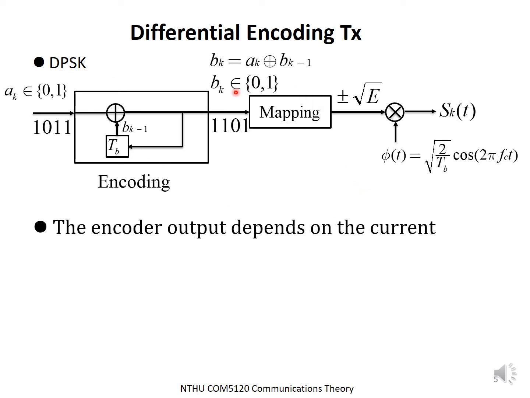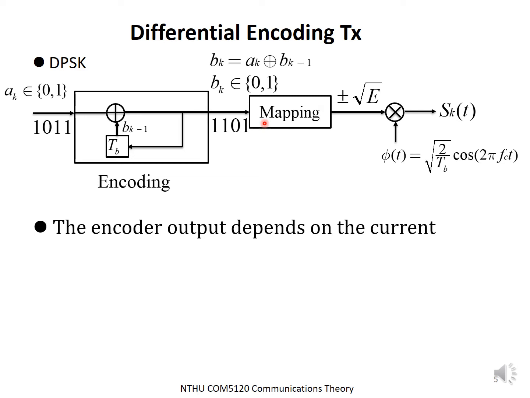And as we have mentioned, this BK and AK, this is a linear modulation, right? And it is also a linear modulation with memory, right? With 1-bit memory, to be precise.